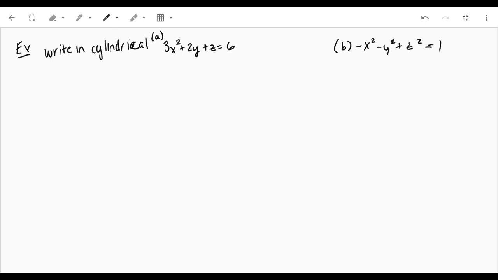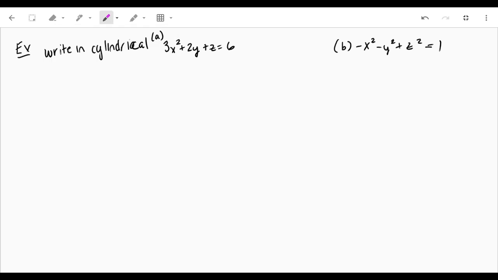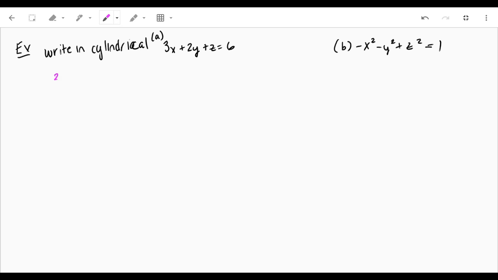Okay. And again, you guys, I would encourage you to graph these so that you can see what they look like. But you're just going to use your conversion. So in place of x, right, I'm going to put, and that's not squared, sorry. It's just a plane, okay? So in place of x, I'm going to put r cosine theta.